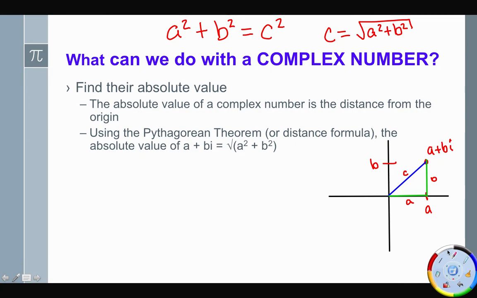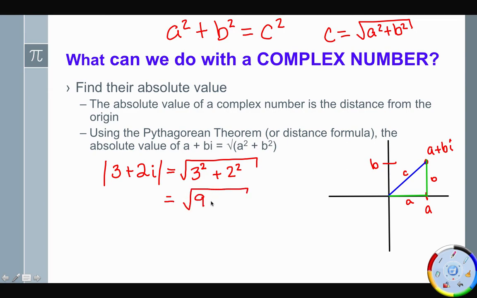So let's see what that means. If I was to find the absolute value of 3 plus 2i, my A is my 3 and my B is my 2, and therefore the absolute value is going to be the square root of a squared plus b squared, square root of 9 plus 4, which gets me the square root of 13.